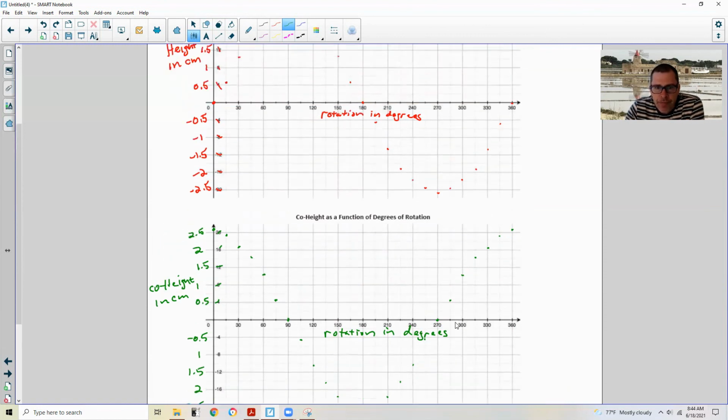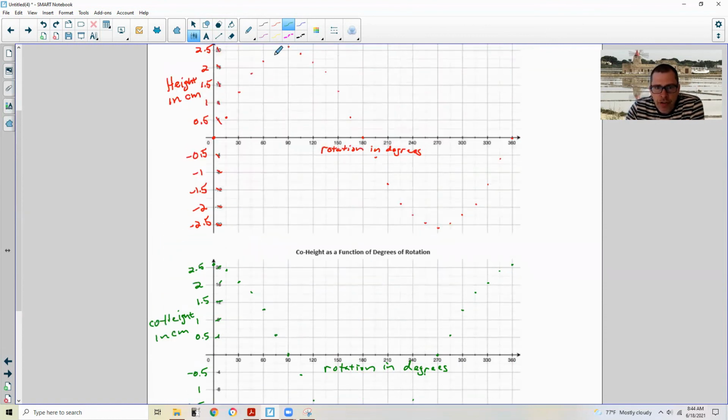All right, so this is a curve, a sine curve. Sine goes from 0 up to a maximum, back down to 0 at 180, decreases to a minimum at 270, and increases back to 360 and 0. Okay, that is a sine curve.